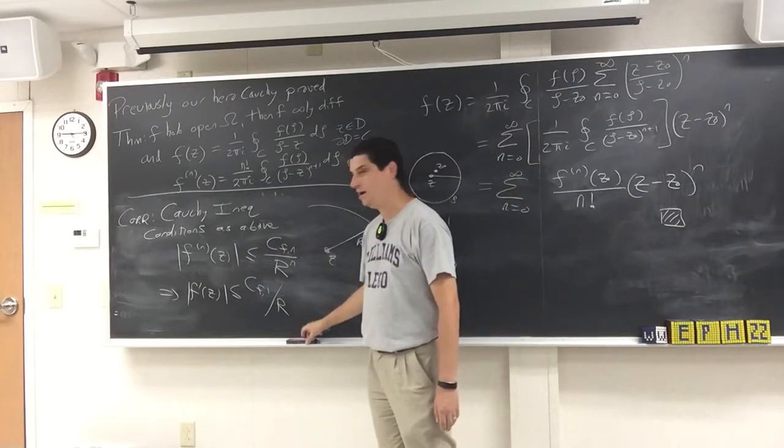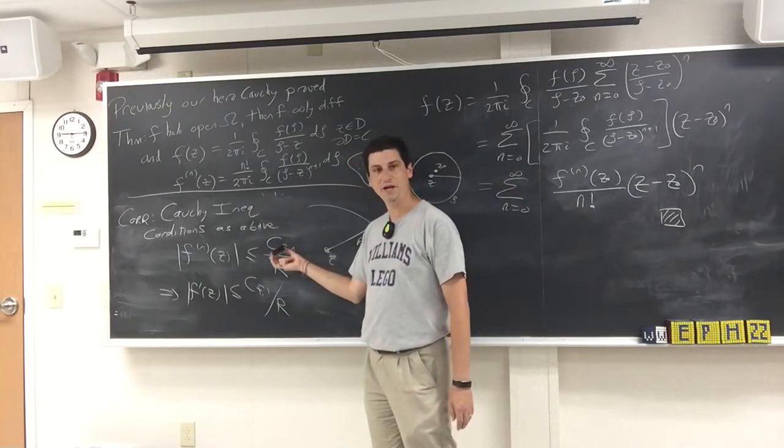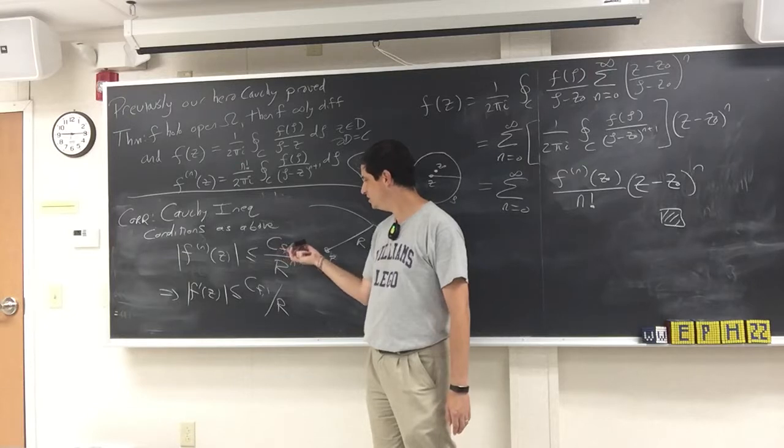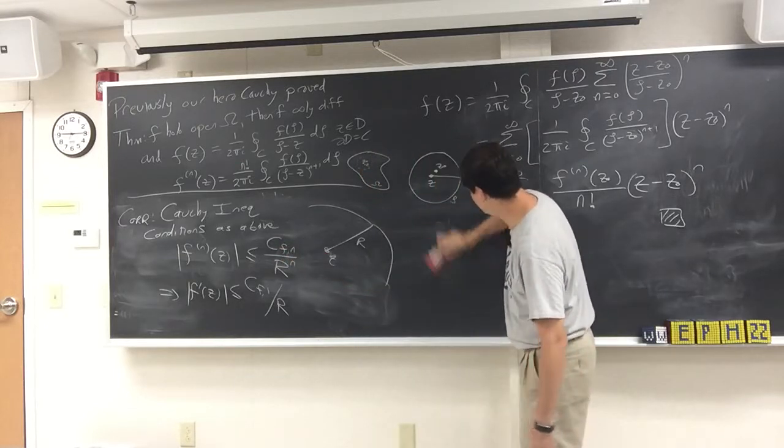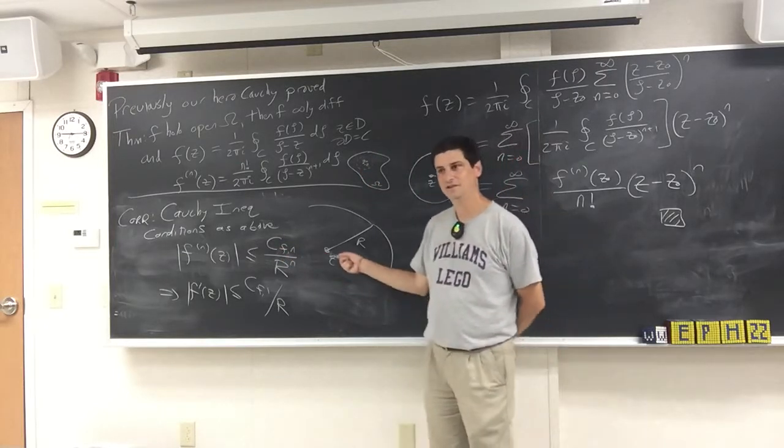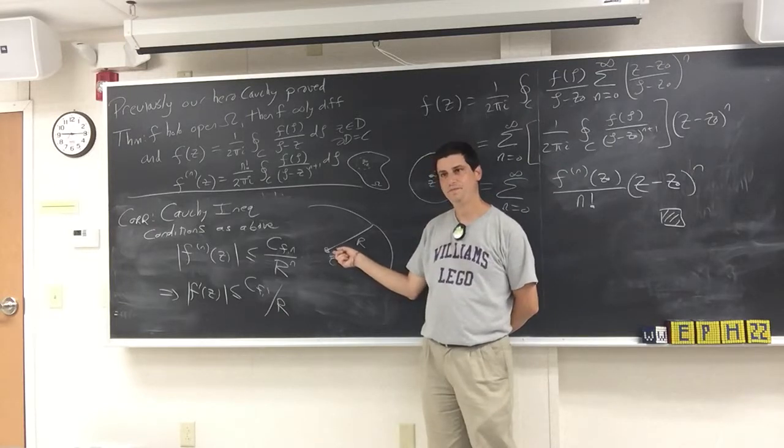When I'm writing my bounds here, I want to write what the bound depends on. I'm saying the bound depends on the function and on n. Does the bound depend on anything else? In what sense does it depend on z?